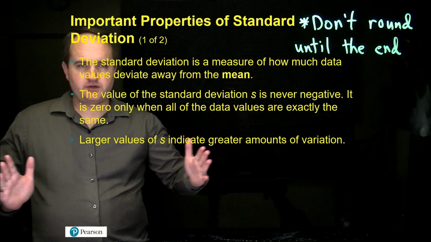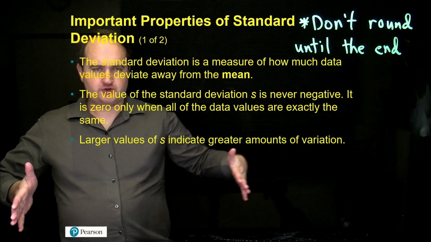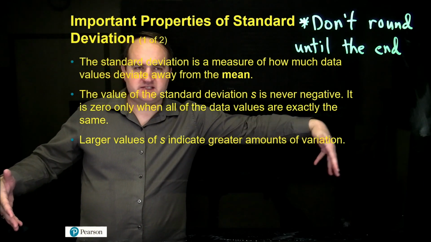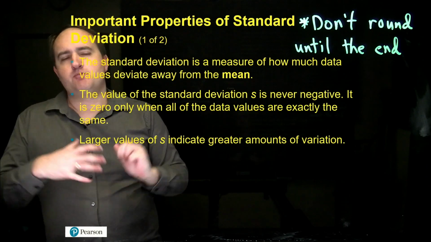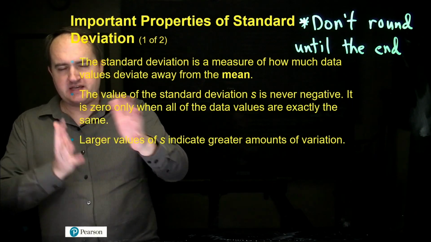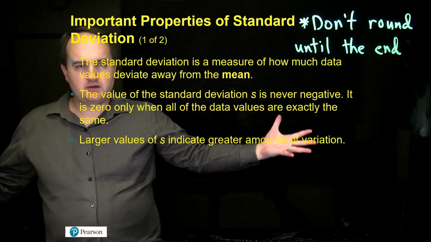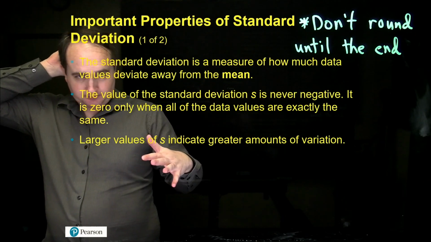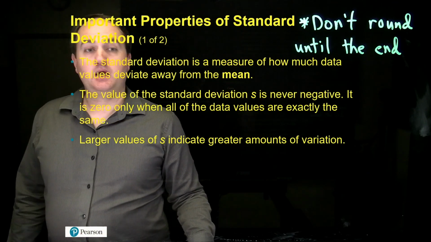If S is larger, like if S is 1.3 or 2.5 or 7.8, the larger it is, that means the more on average data values are varying or deviating away from the mean. Okay, next page.